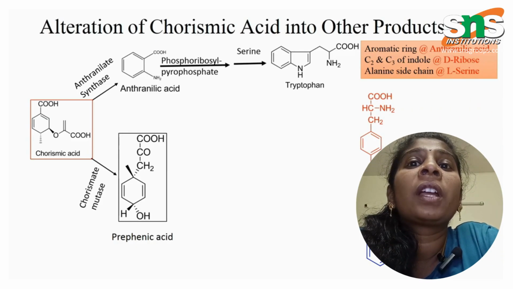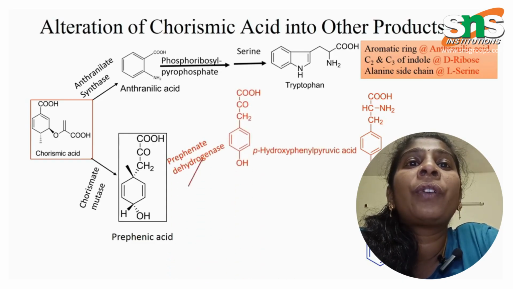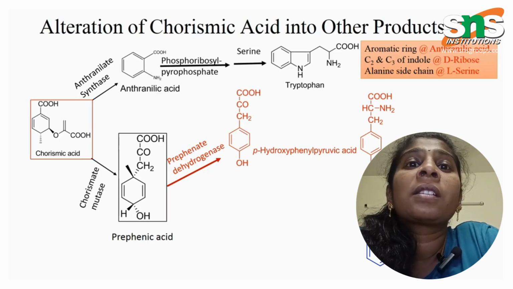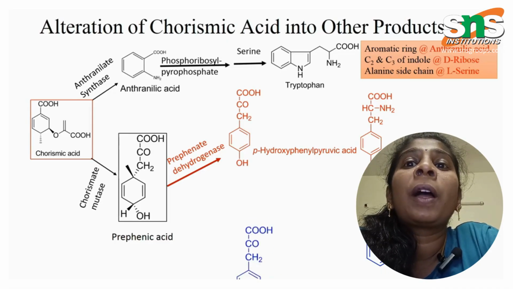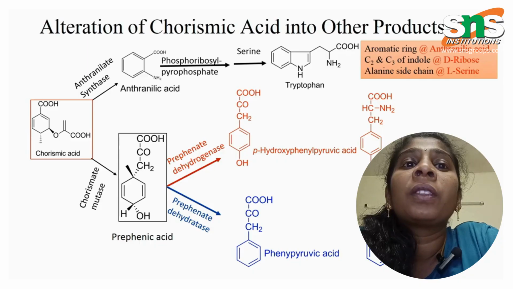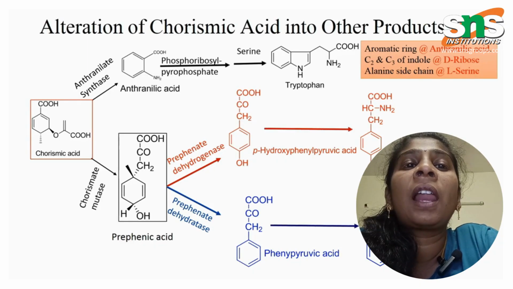For tyrosine, prephenic acid is first converted to p-hydroxyphenylpyruvic acid in the presence of enzyme prephenate dehydrogenase, and for phenylalanine formation, prephenic acid is converted to phenylpyruvic acid. In both cases, these intermediate products go through transamination to produce tyrosine and phenylalanine.